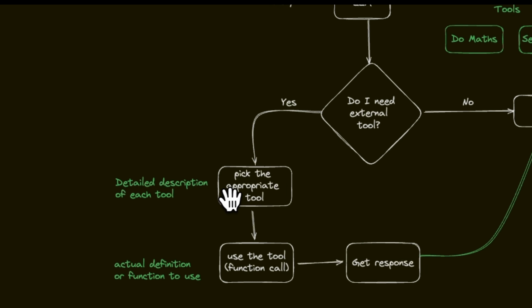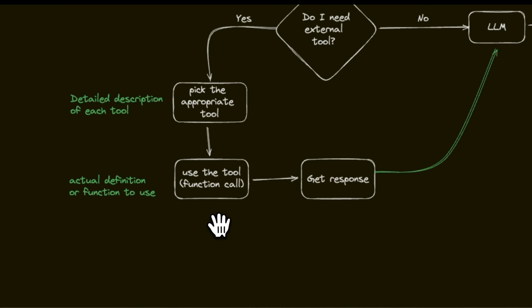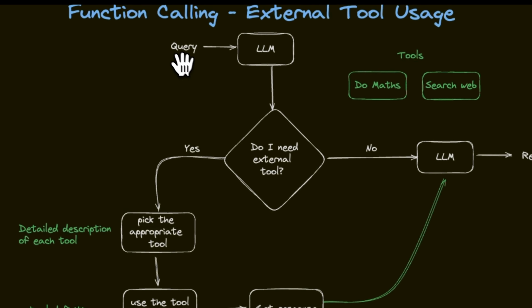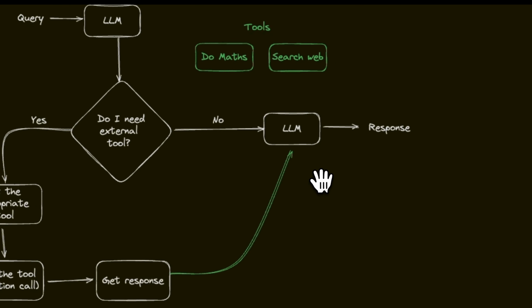That's the second step. In the third step, it will use the Python compiler to actually make the function calls, so basically run those functions, get the results from these functions, and then feed those results along with the initial query to the LLM again to get a response. Okay, so this is how it works in a nutshell.